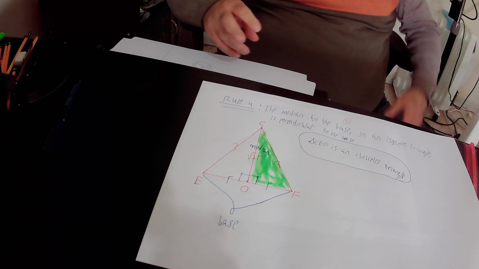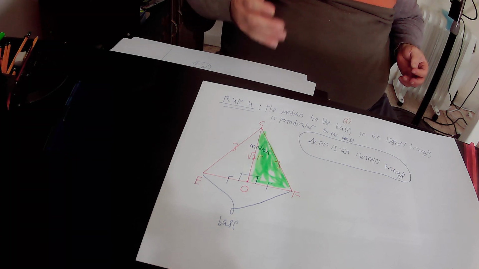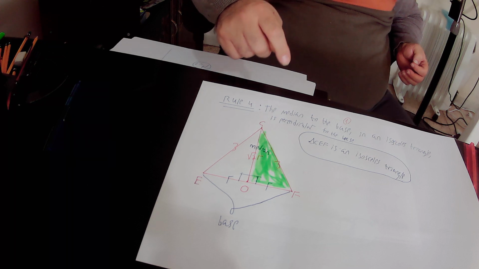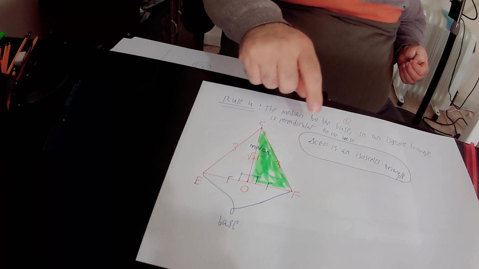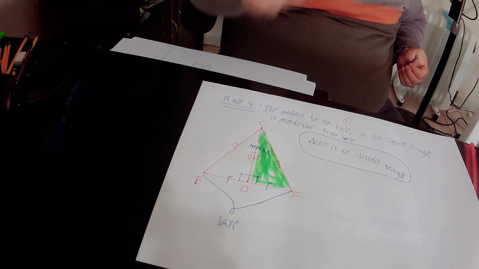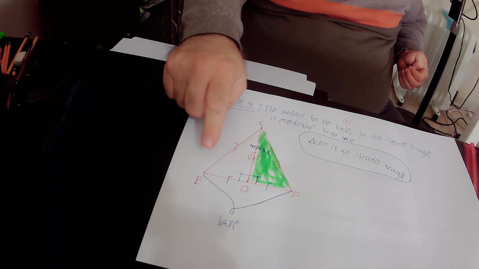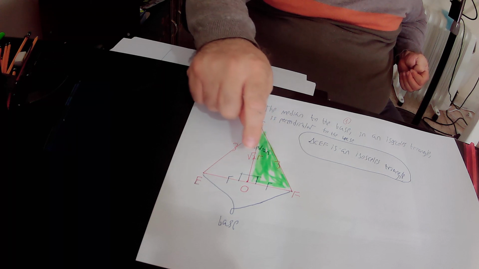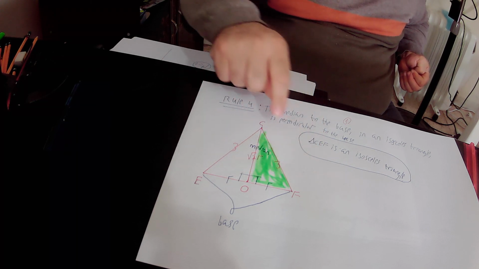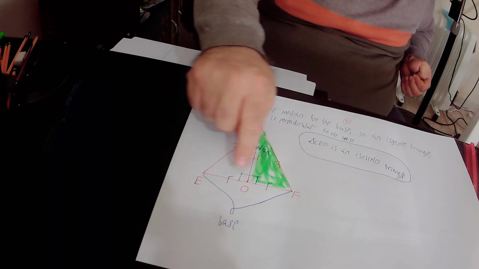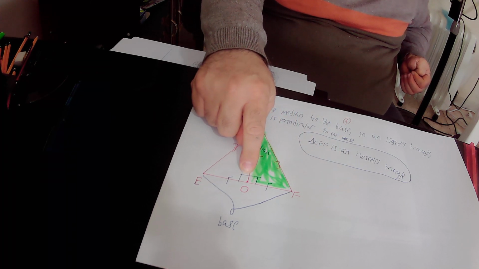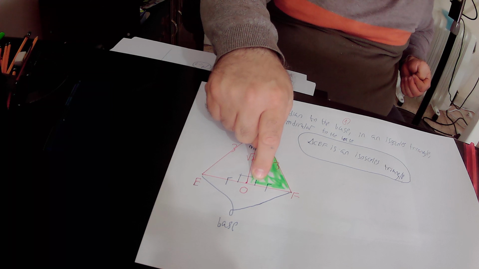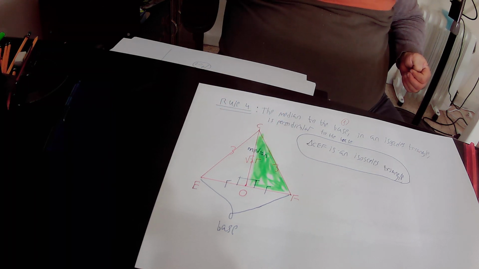And according to rule number 4, the median CO to the base in isosceles triangle ECF is perpendicular to the base EF. Again, CO is perpendicular to EF. That is to say, this angle equals 90 degrees and this angle must also equal 90 degrees according to rule number 4.